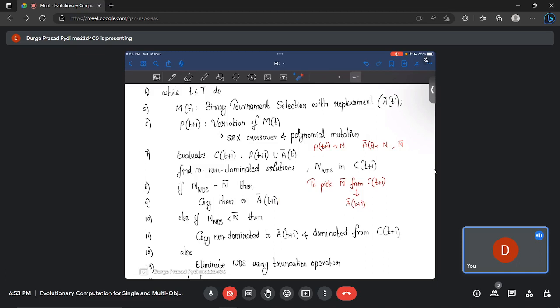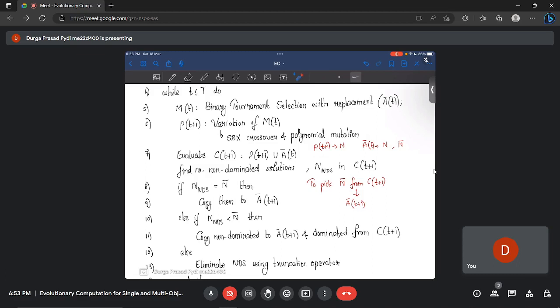If the number of non-dominated solutions is less than n bar, then you take all the non-dominated solutions and put them in A of T plus 1. Yes, C of T plus 1 has a size of 2n and A of T has a size of n. If NNDS is equal to n bar, then you copy them to A of T plus 1.